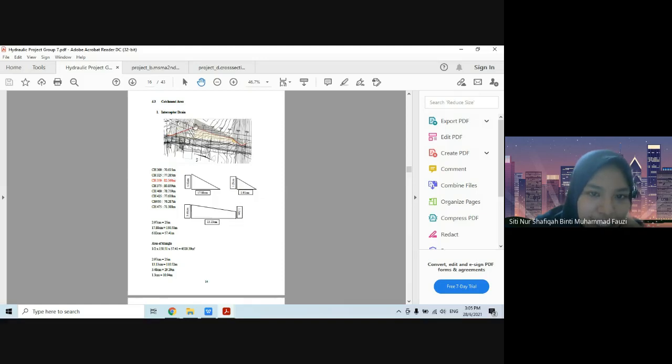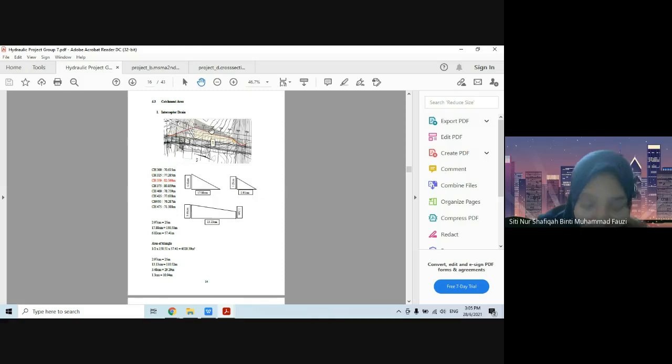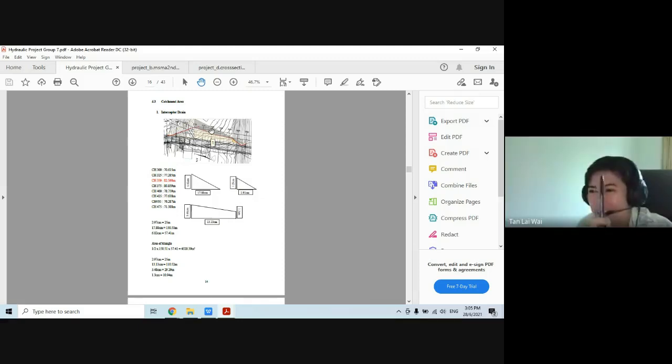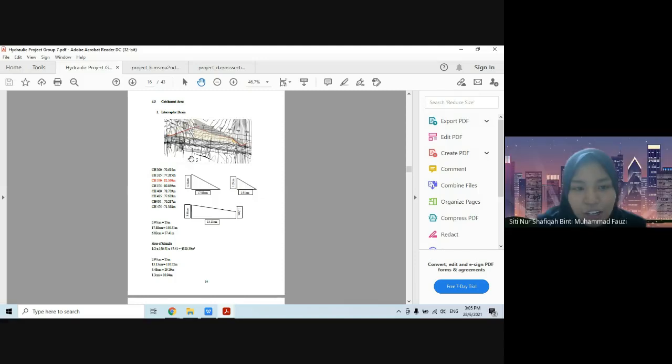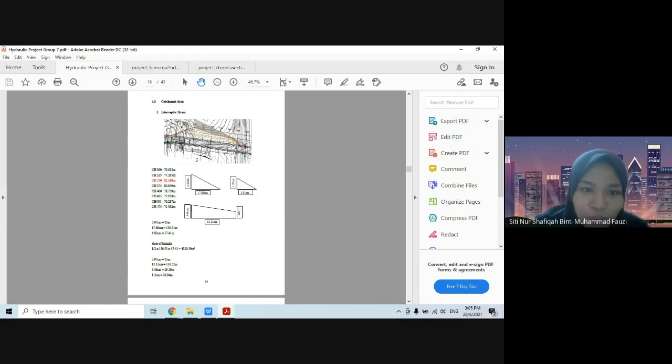Yang finish level ni tengok dekat cross section longkang interceptor, lokasi interceptor drain. Lepas tu kita akan tahu flow, kita akan tengok yang mana area lagi besar antara kiri atau kanan. So untuk interceptor drain ni, kalau kita tengok antara dua ni, flow belah kanan lagi besar. Jadi kita consider belah kanan.